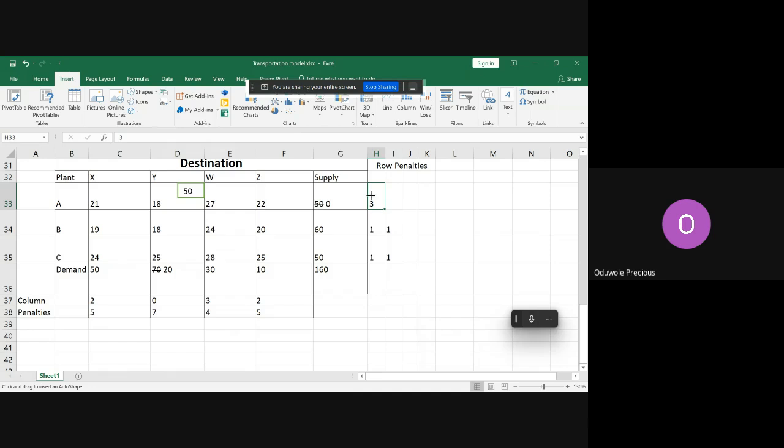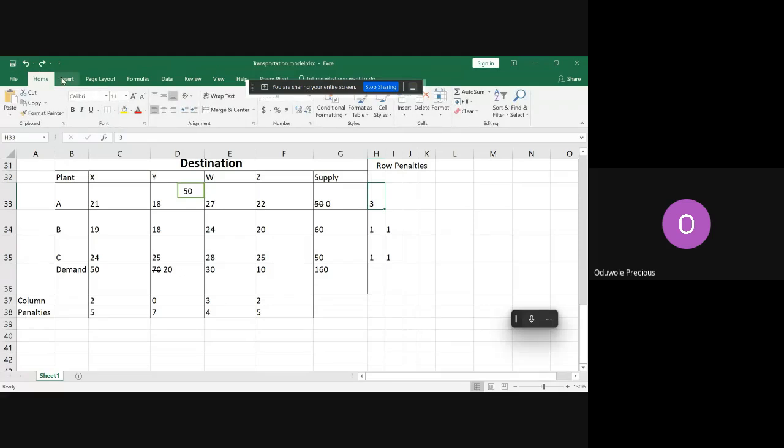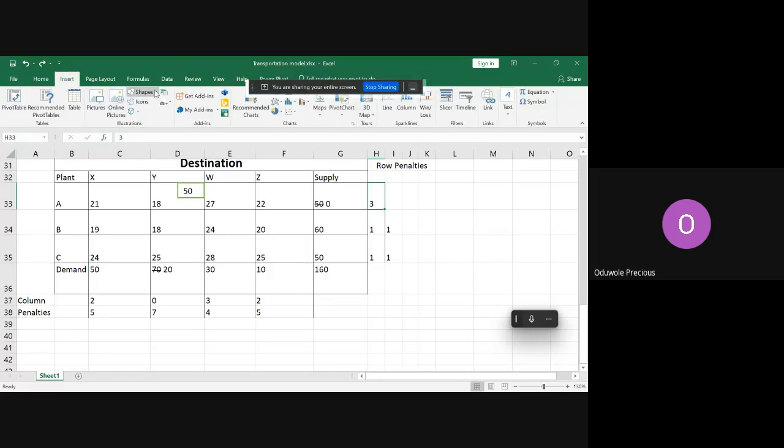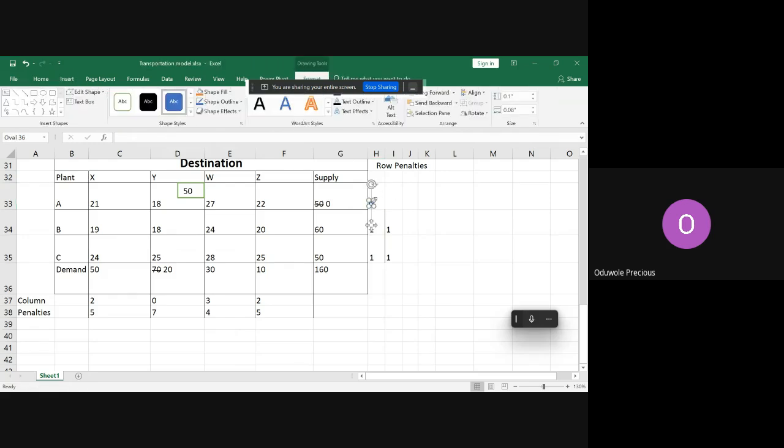How do we even circle this? This circle is so small. I think the space I gave this thing is so small.